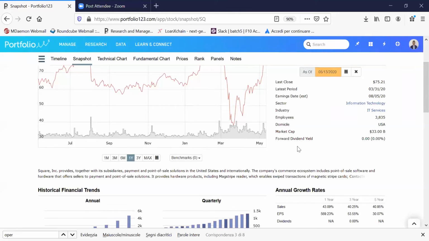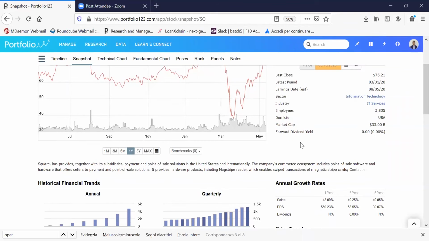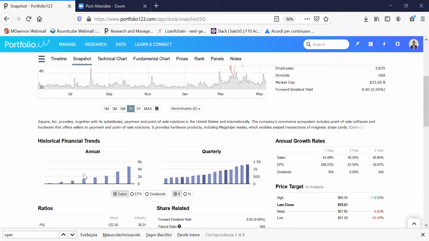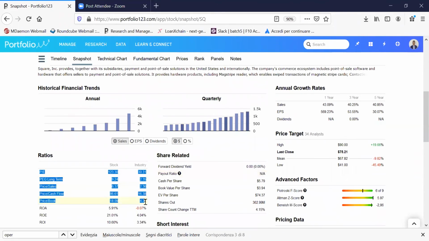In particular, it provides payment solutions for businesses. As we can see here, valuations are quite high relative to, for example, Exxon. And it's quite easy to understand why, because growth rates are much higher. So we can expect more cash flow going into shareholders' hands in the future.